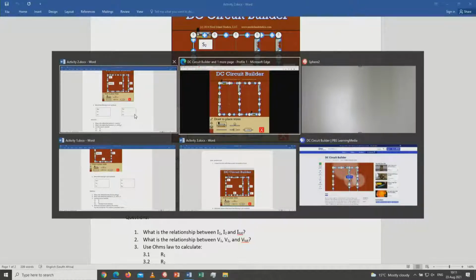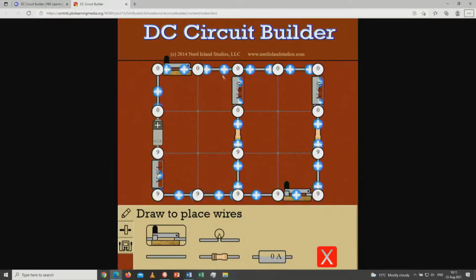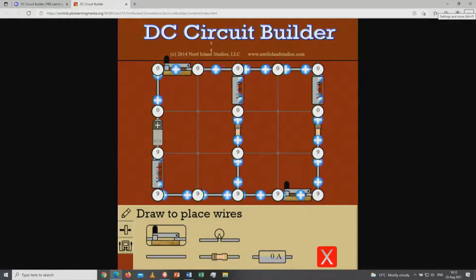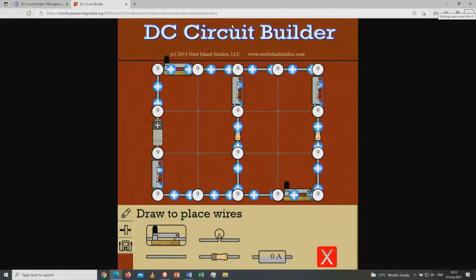I think we should be here. Let's take the readings from here. Remember we said V1, V2, V total, and then you have I1, I2, I total, and in this case now our resistors are connected in parallel.